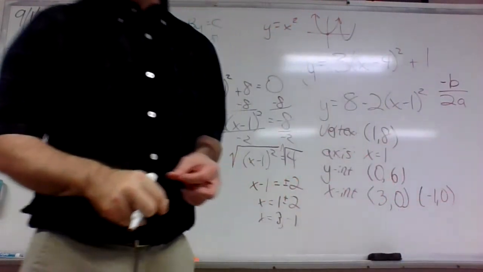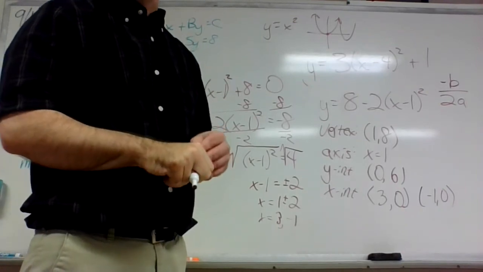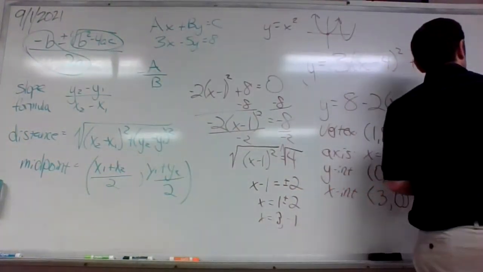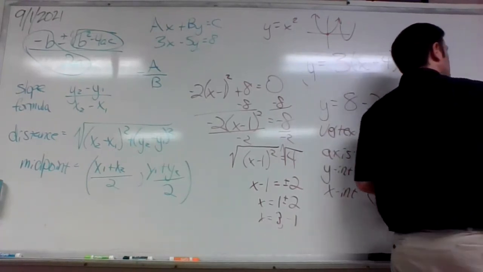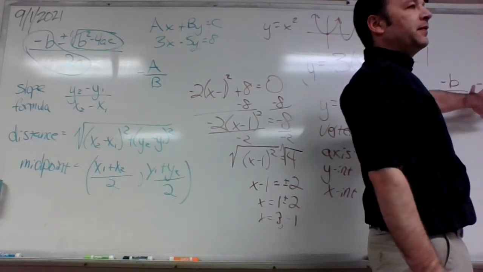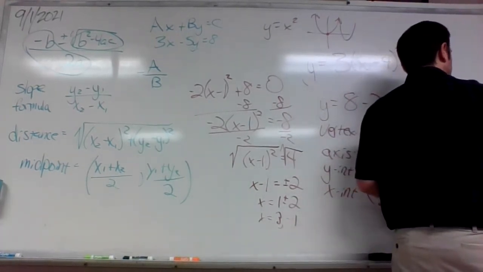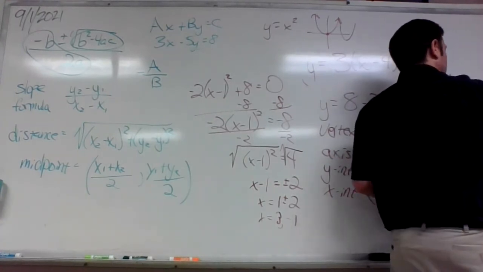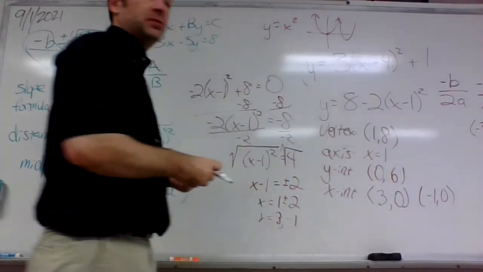On 20b, b is -6, a is 1, so -6 over 2 times 1 is -3, and that's the x-coordinate of your vertex. And to find the y-coordinate that goes with it, you plug it back in for x.